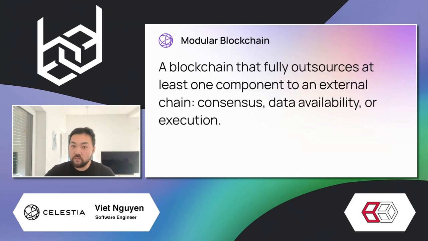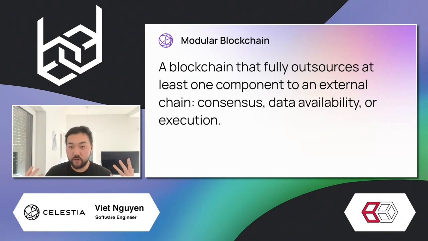To give you more terminology here: a blockchain that fully outsources at least one component to an external chain, be it consensus, data availability, or execution, and is not doing all of them, is a modular blockchain. In the case of Celestia, the blockchain is only doing consensus and data availability.